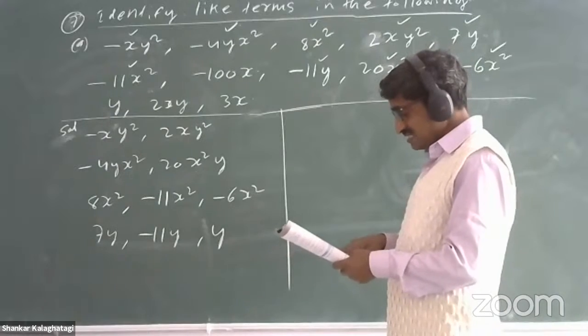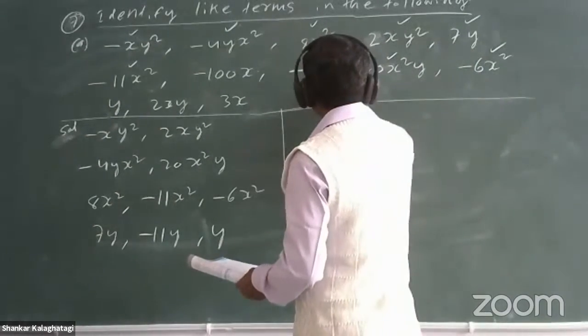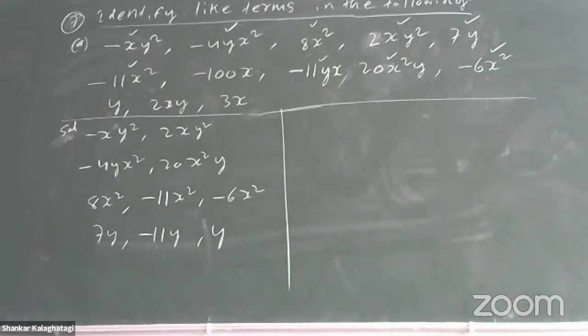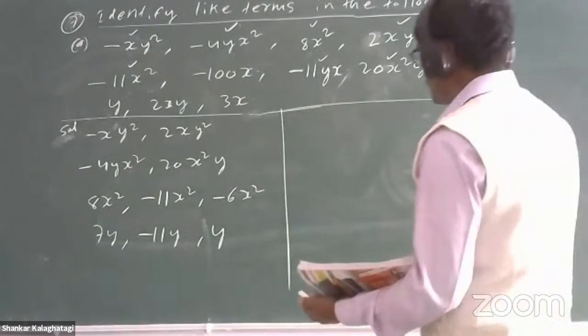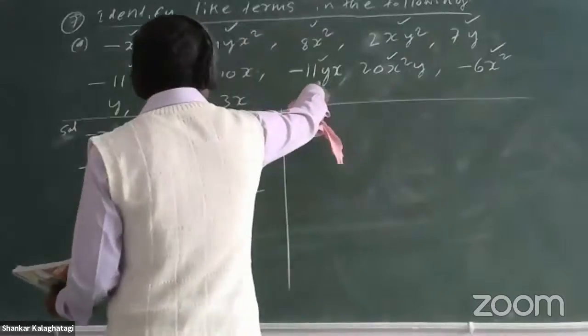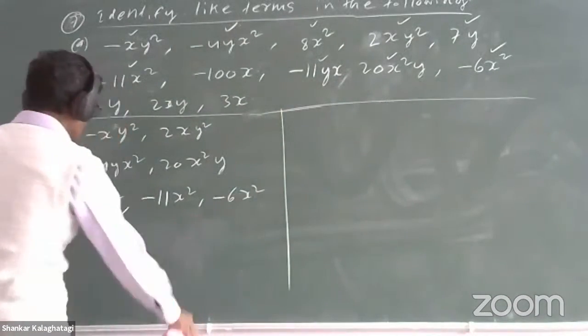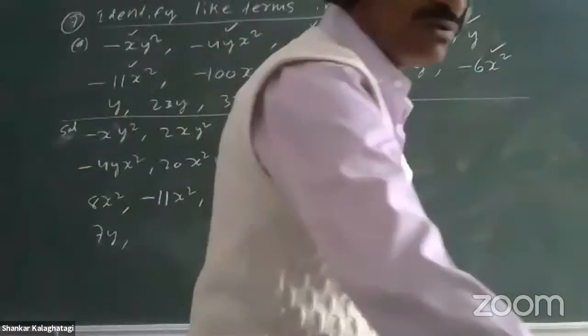After 100, 11yx is there. Okay. In my notebook, I think I have taken wrongly. Have I written it here? Minus 11y. Here I have written, no. Only y should be there. One more.